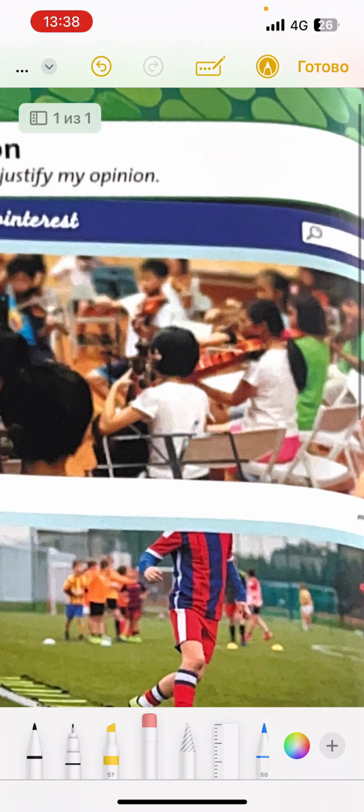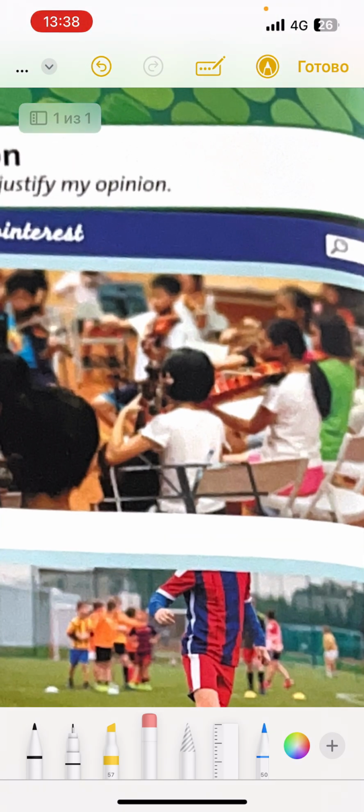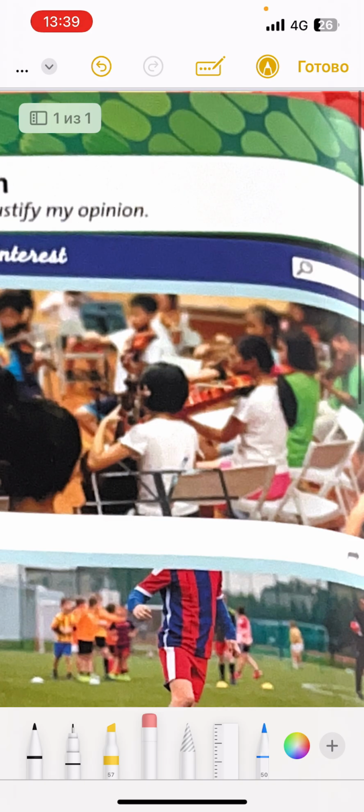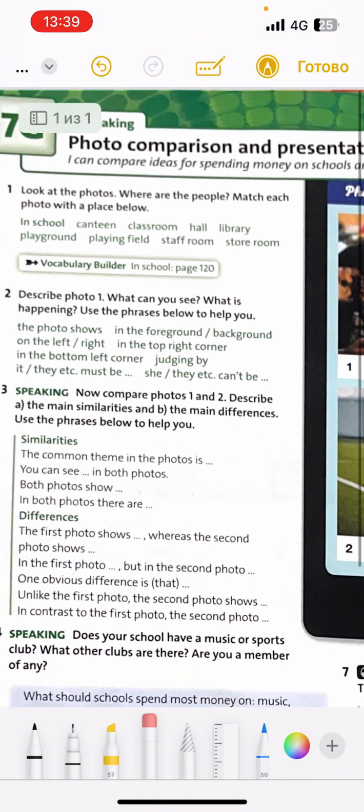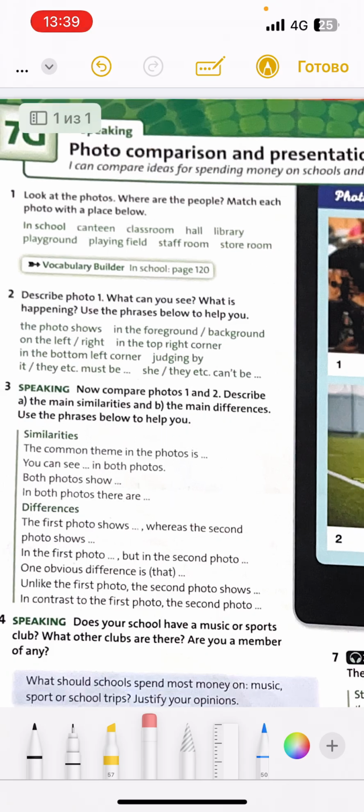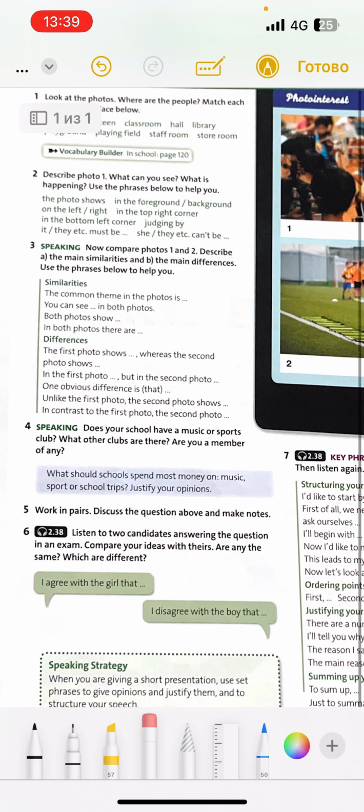For example, this place can't be quiet. Здесь не может быть, чтобы было тихо, да? It can't be quiet. It is very loud because they are playing instruments, right? So you should say, judging by the picture, this place can't be quiet. It must be loud, yeah?